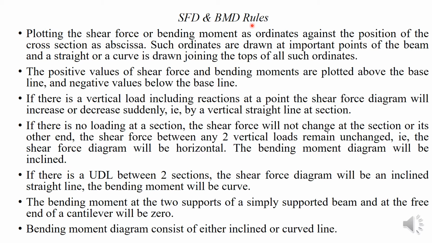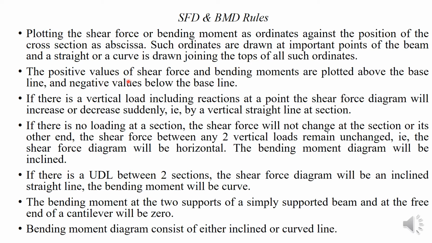Now, there are certain rules for drawing shear force diagram and bending moment diagram. Plot the shear force or bending moment as ordinates against the position of the cross section as abscissa. Such ordinates are drawn at important points of the beam, and a straight line or a curve is drawn joining the tops of all such ordinates.